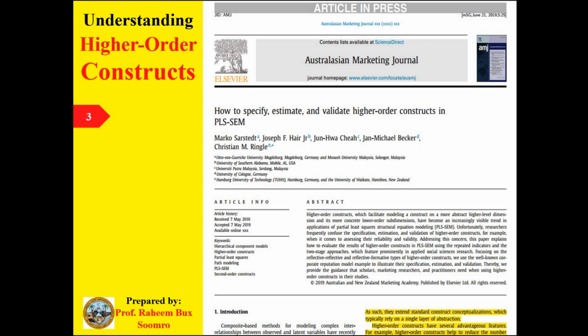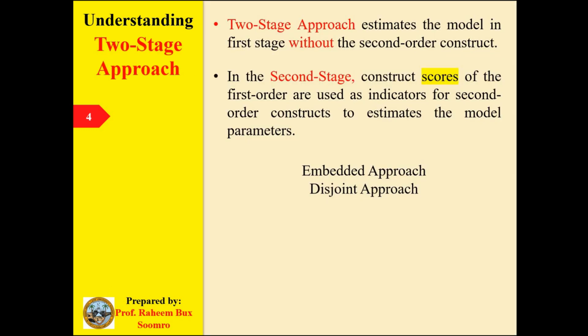Now, when you talk about the two-stage approach, what is the two-stage approach? Basically, there are two stages. In the first stage, we estimate the model without the second order construct. Here we are not inserting any second order construct, but we are working on the first order constructs, where we want to assess their measurement.